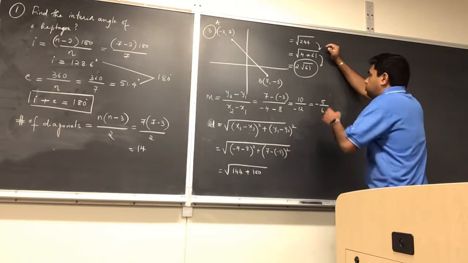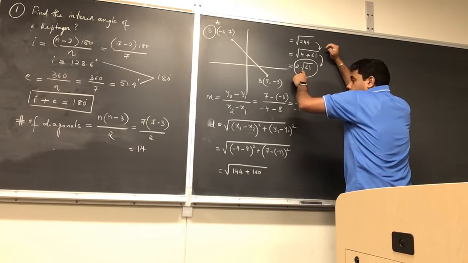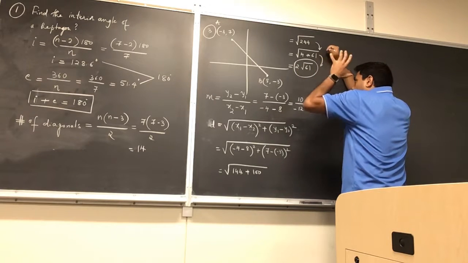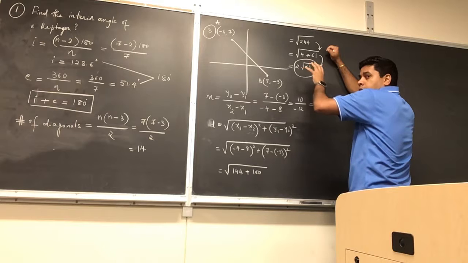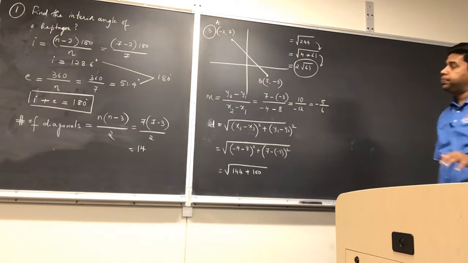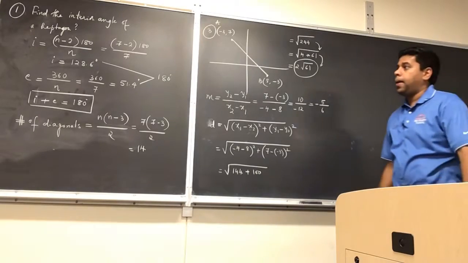Of course, you can take 2 square root 61 as 15.6, try it, and still get 15.6 and then match it. But even for college, this is important. This is something you just can't avoid. Good? Okay.